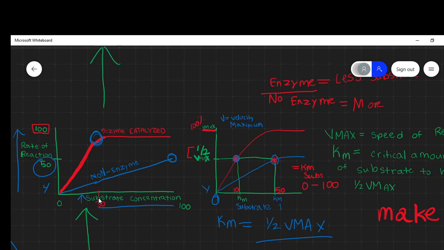But with the enzyme orienting everything properly so that they either come together or are split apart, it actually reaches Vmax, its peak performance, at around 30% substrate concentration. This really shows how easily enzymes can make these reactions happen. They make them happen a lot faster and a lot easier with less energy.